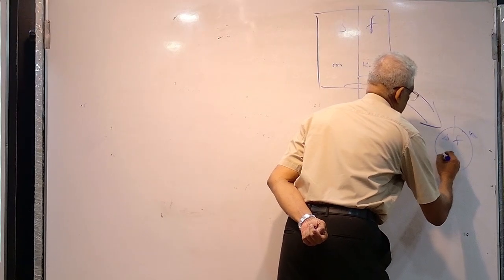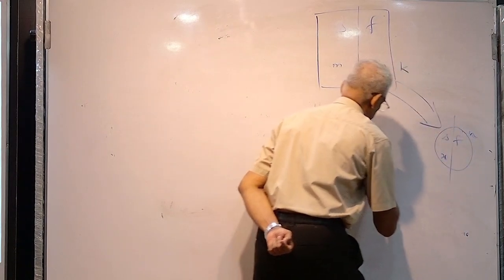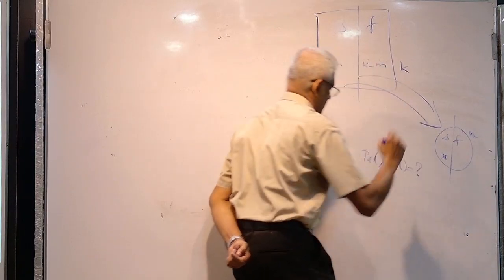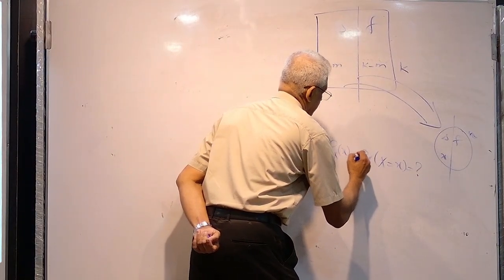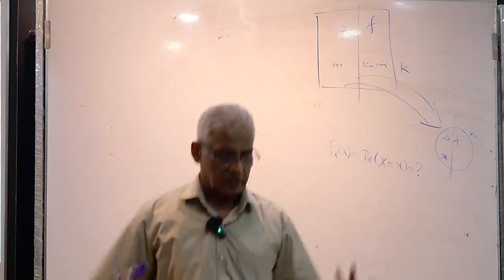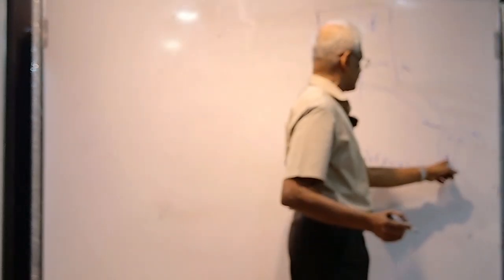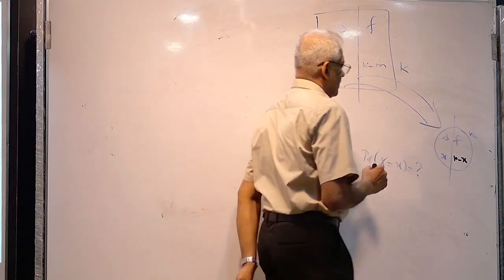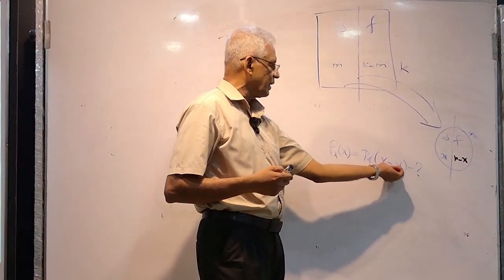We are interested in the probability that X equals small x, that is, P(X = x). So capital X denotes the number of successes in the sample. If there are x successes, then there should be n minus x failures. So the question is, what is the probability that capital X equals small x?